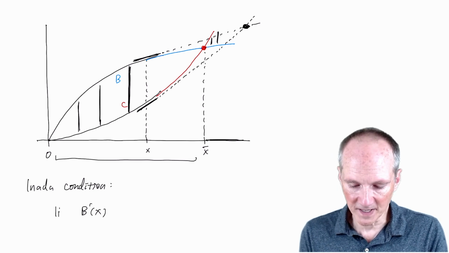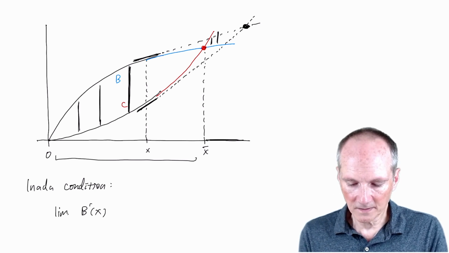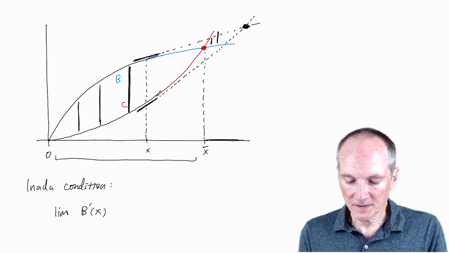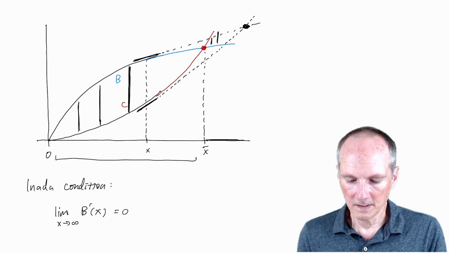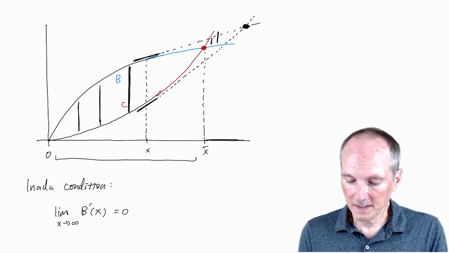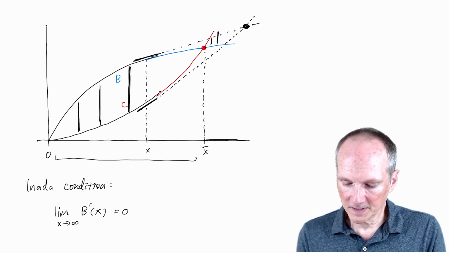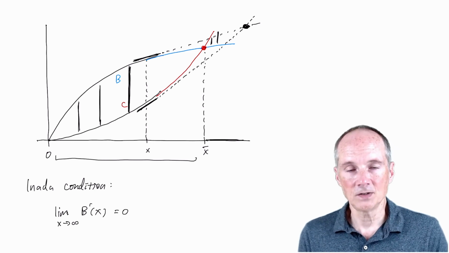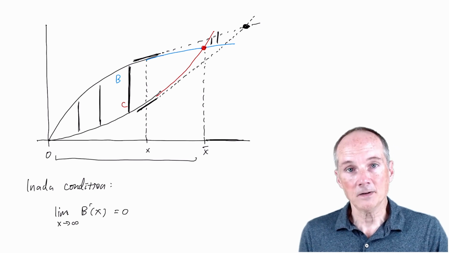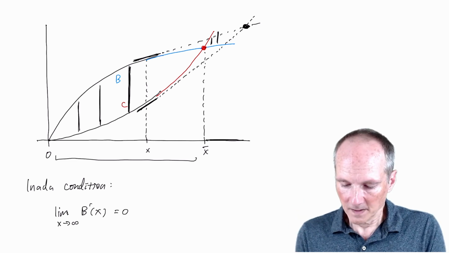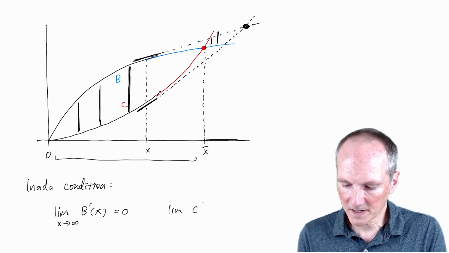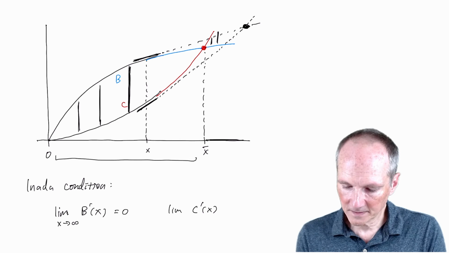And the way that's expressed is you say the limit of the marginal benefit as x becomes very big is 0. And then that's paired with another condition that says the marginal cost, as you choose a very high scale, starts to become arbitrarily big. And the way that's described is that the limit of marginal cost becomes infinite as the scale gets big.